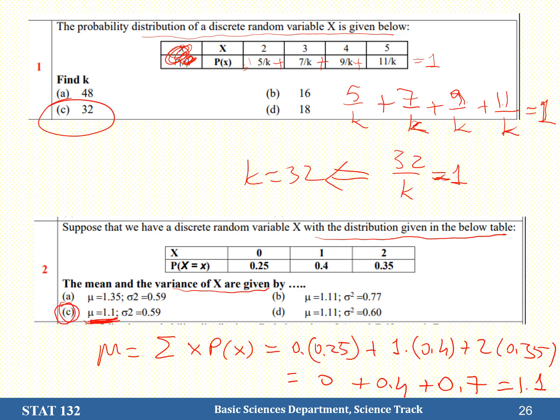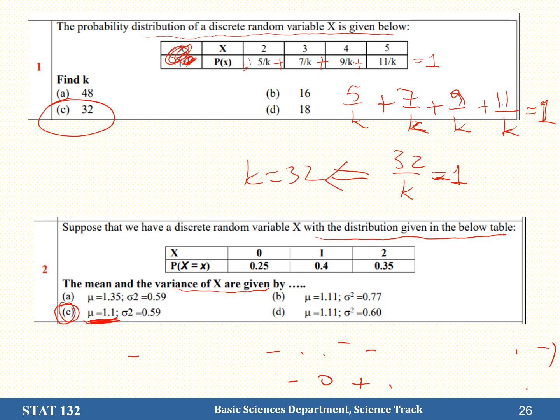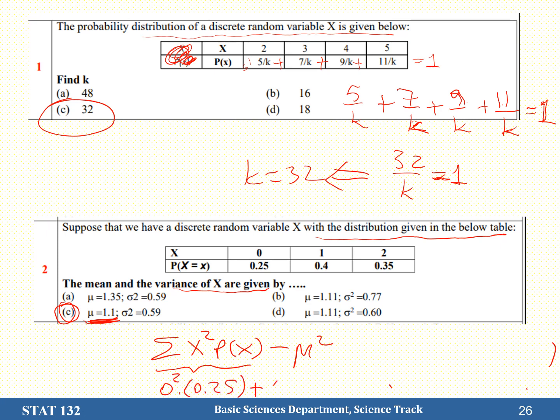Mean is 1.1. And if you want to calculate the variance here, let me show you how to calculate it. The variance is the expected value of x squared, the sum of x squared times p of x, minus mu squared. So in this case, this part will be 0 squared times 0.25 plus 1 squared times 0.4 plus 2 squared times 0.35 minus mu squared, which is 1.1 squared.